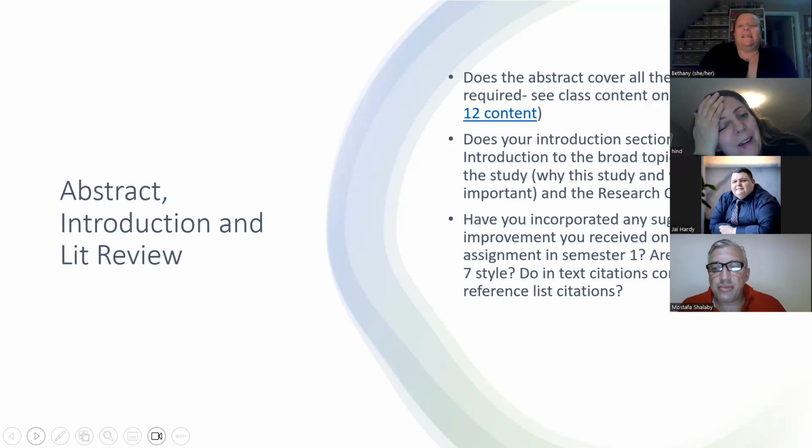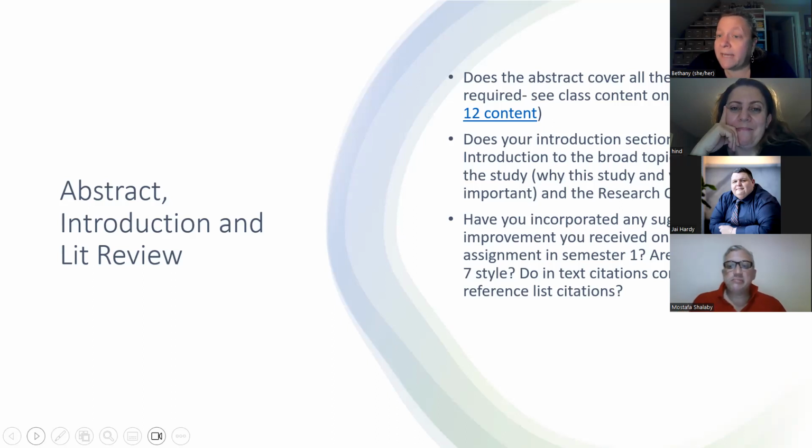But by the way, Bethany, the lit review for me in assignment 1 was done on a different topic. Right. So along the way, I'm sure you've taken a look at literature as you were thinking about it.